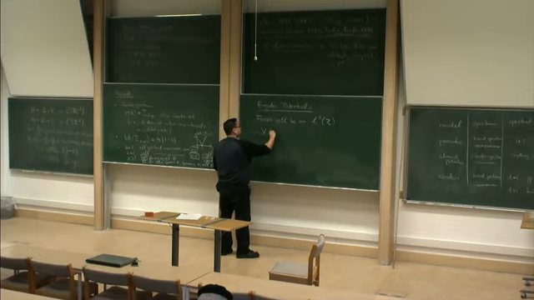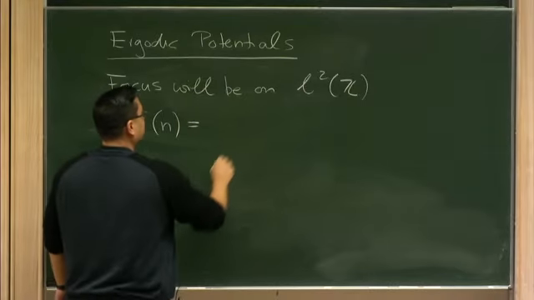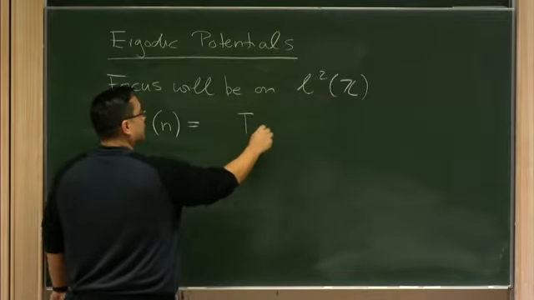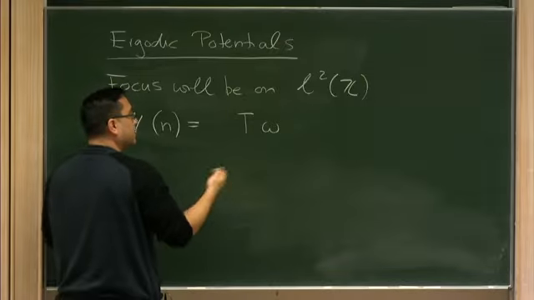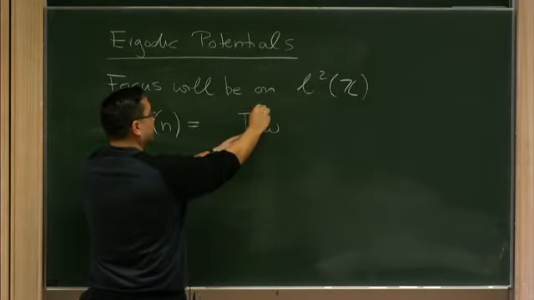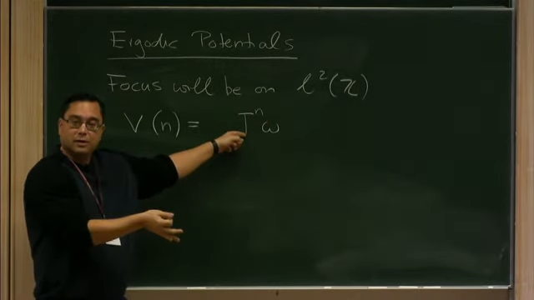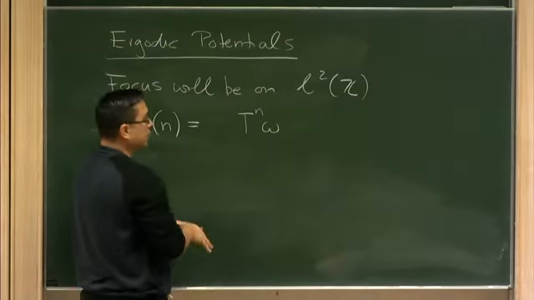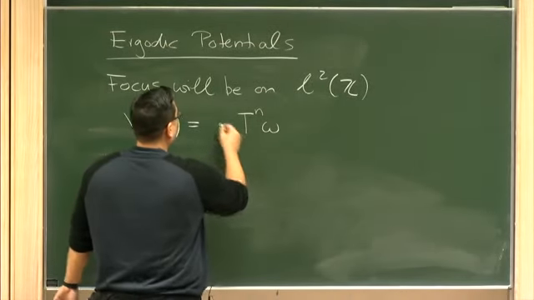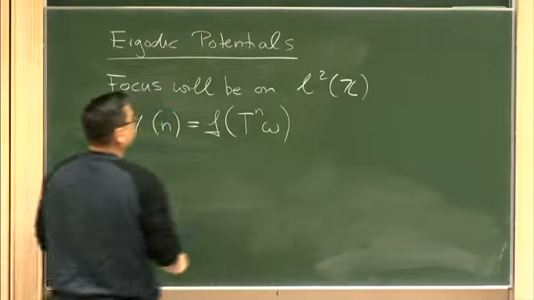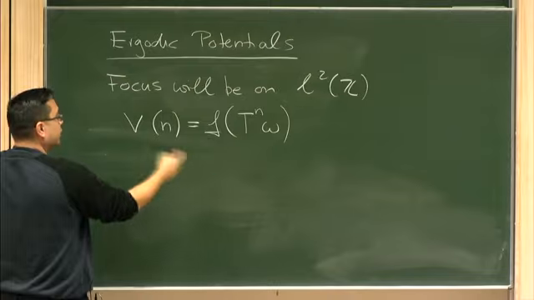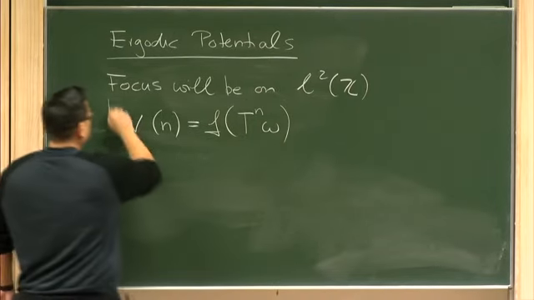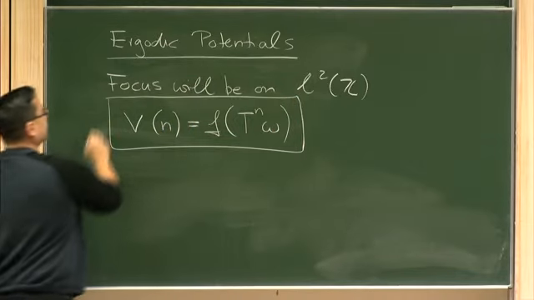You have some transformation T, I will give definitions, and you apply T to some point in the space on which it acts, and then you keep applying it both in forward and in backward time. Now you get a sequence of points in your space on which T acts, and you want to sample with some function that goes from that space to the real numbers, because V should be real valued. So this is how these potentials will look.